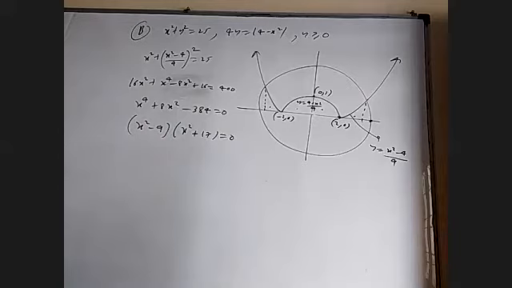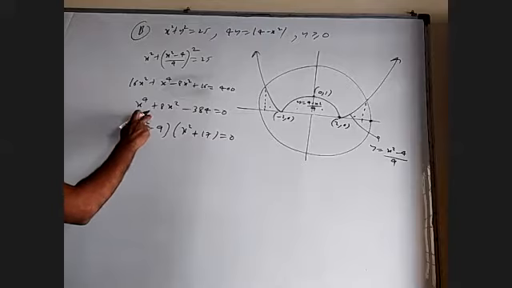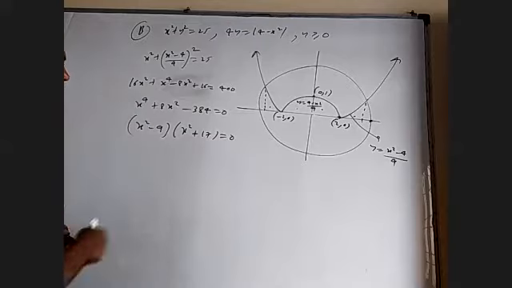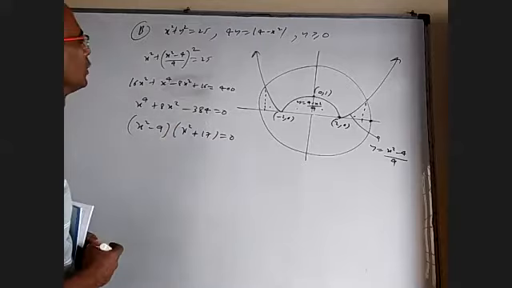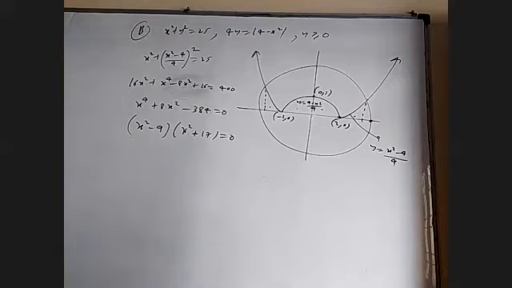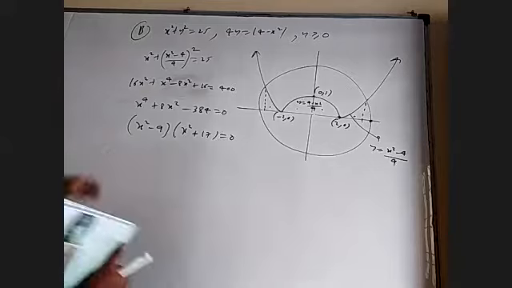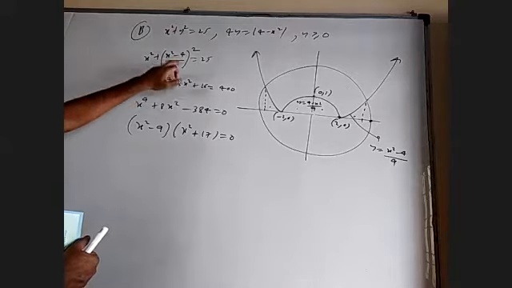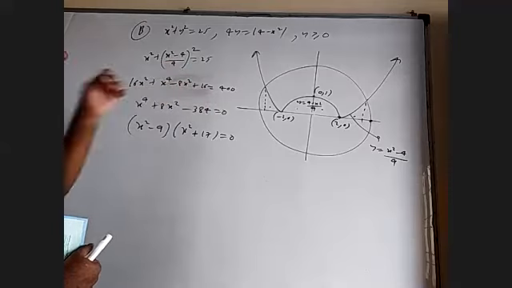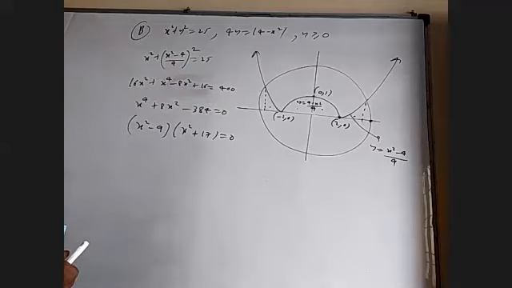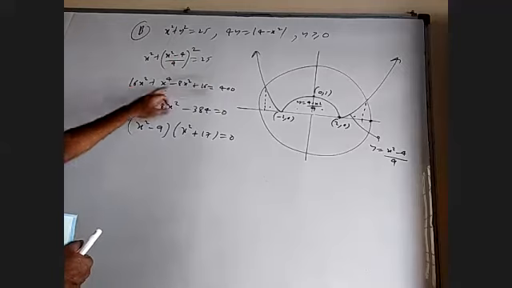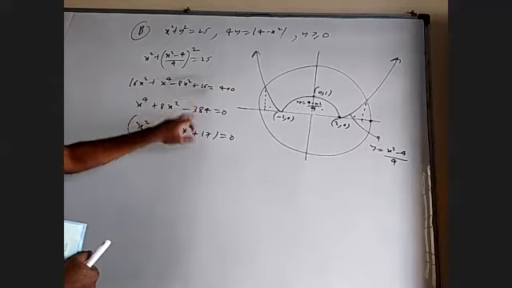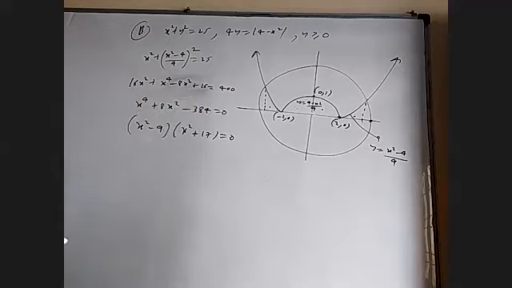Is it 17? Plus 17 minus 9 I can write. So 17 into 9, no. Multiply 16 here, power 4 minus 8x square plus 16, 16 into 25 is 400. x power 4, this is plus 8x square, this is minus 384.